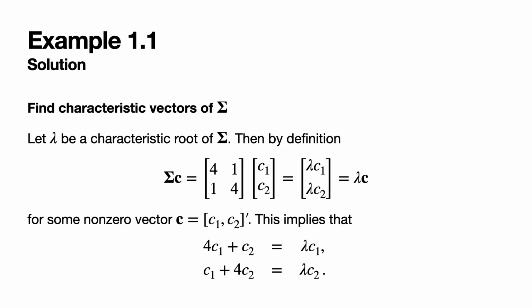All right, and so if we plug in the matrix for cap sigma, so 4, 1, 1, 4, times the c vector, so c1 and then c2, and then that is equal to lambda times c, in terms of the entries in the resulting vector, they would be lambda times c1 in the 1, 1 entry, and lambda times c2 in the 2, 1 entry.